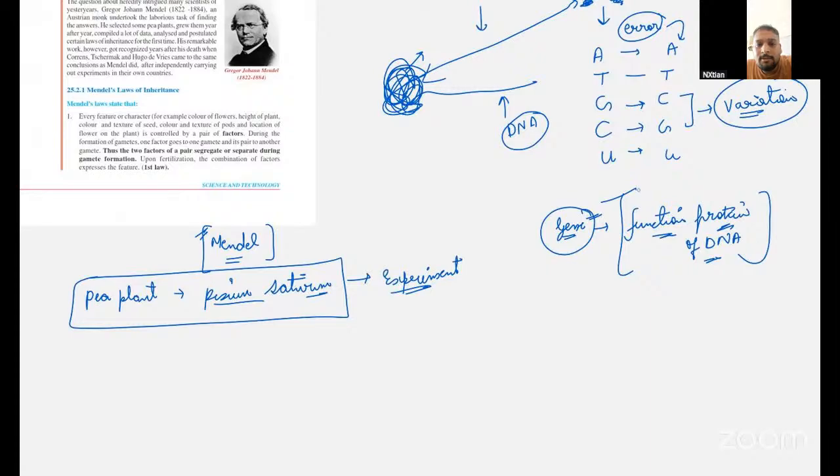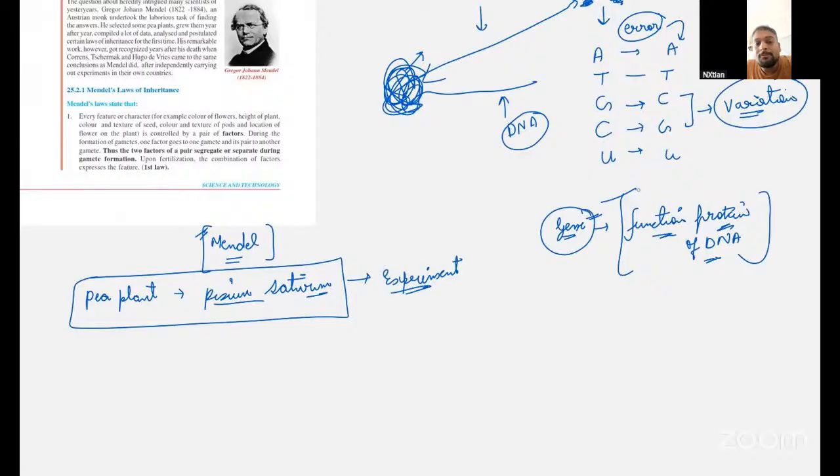And what is the work of the laborer? To build according to the map. So we can say, not fully, but we can say that genes are the laborers of the house. The map is basically the DNA. DNA has the information, but who will do the work? Gene will do the work.